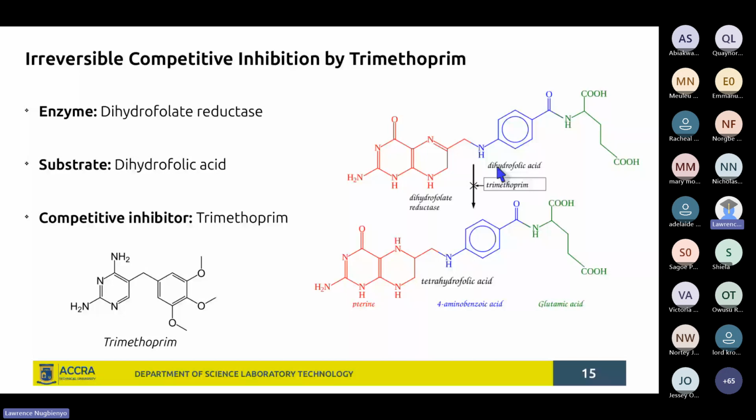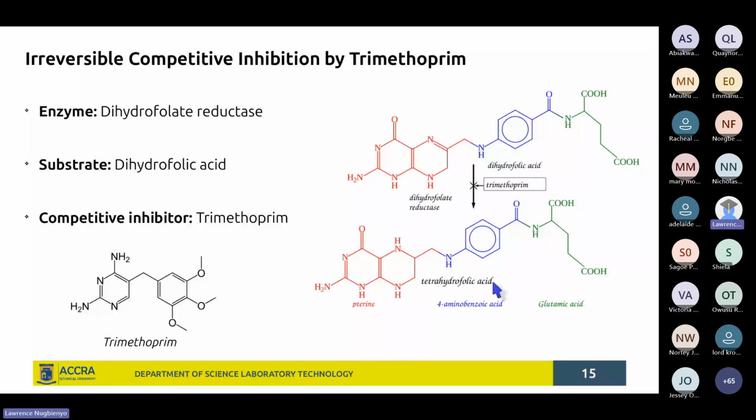And you see also that trimethoprim is an inhibitor to the enzyme dihydrofolate reductase, which is the enzyme responsible for the conversion of dihydrofolic acid to tetrahydrofolic acid.